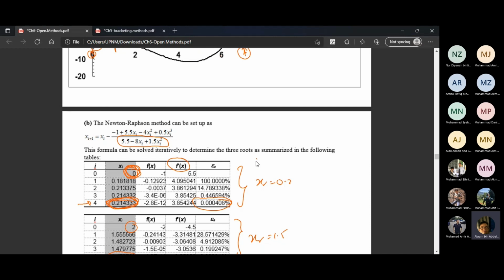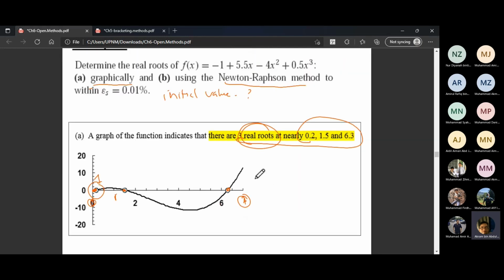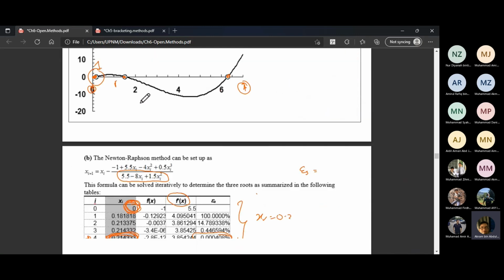xi is equal to 0.214333, and our epsilon a is 0.00408, which is less than the given epsilon s value, where our epsilon s is 0.01%.